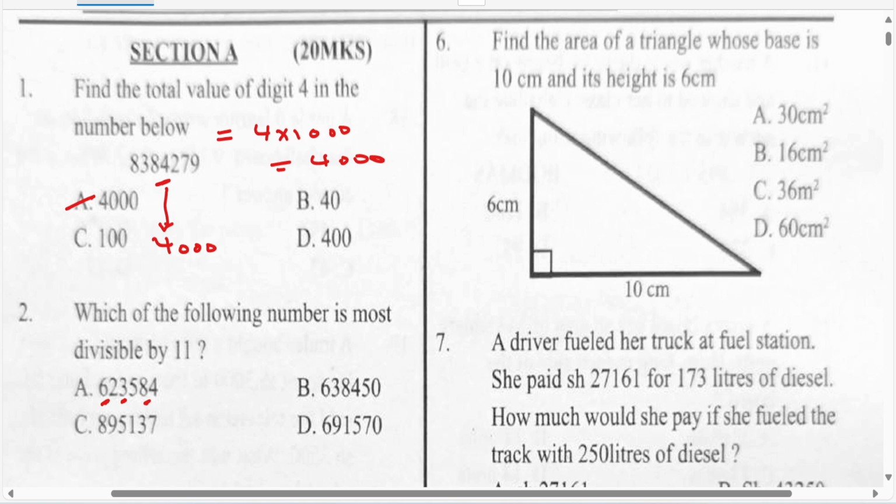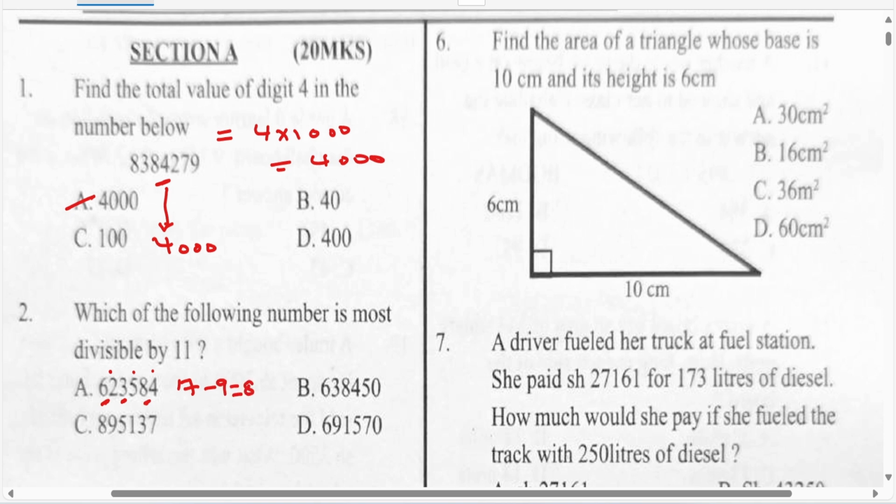If you add 6 plus 3 plus 8, it gives you 17. And the others, 2 plus 5 plus 4, give you 9. So 17 minus 9 is around 8, I think.